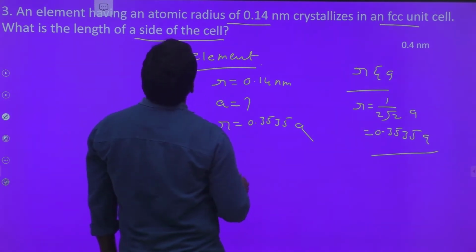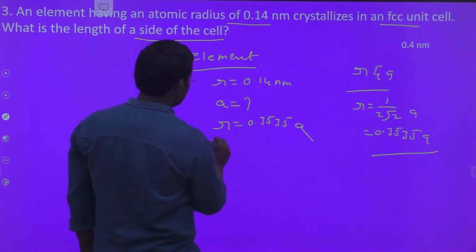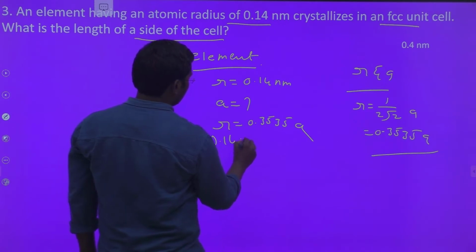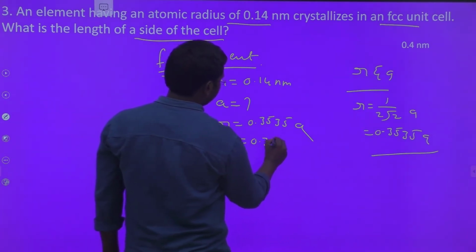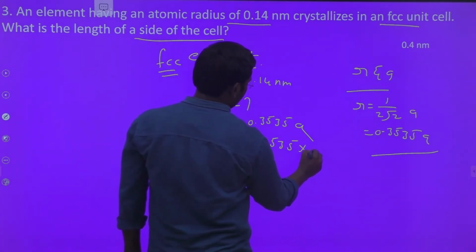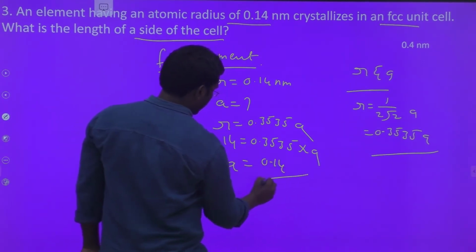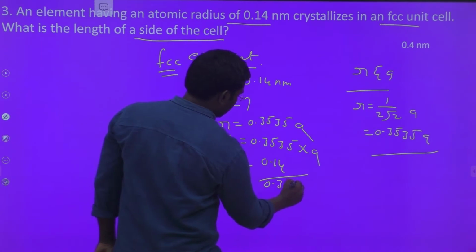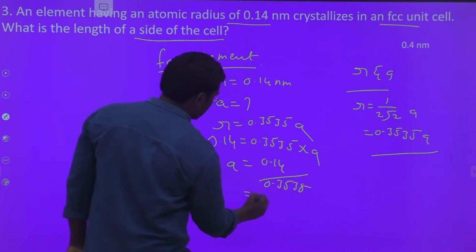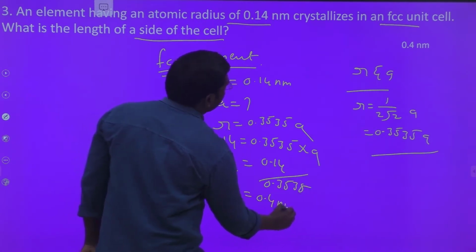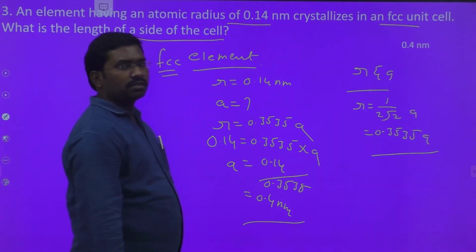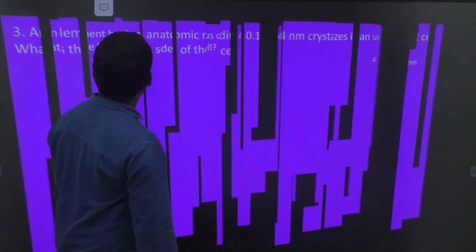What is the given atomic radius r value? r is equal to 0.14, this is equal to 0.3535 a. From this, a is equal to 0.14 by 0.3535, which approximately gives 0.4 nanometers. And come to the next one.